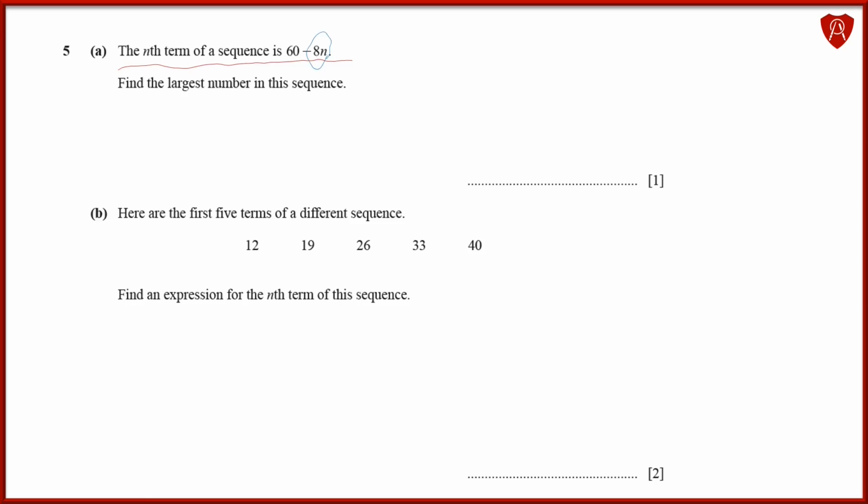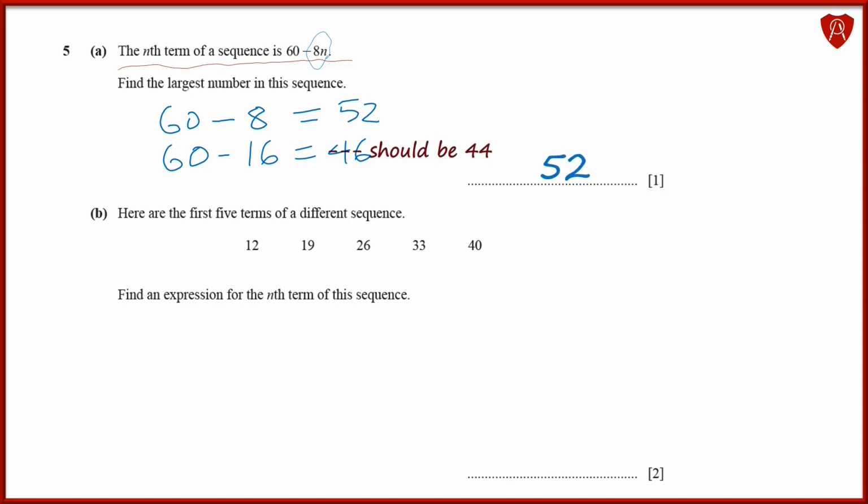First term will be 60 minus 8 times 1, which is just 8, and that will be 52. Second term would be 60 minus 8 times 2, or 16, which gives us 46. And since the terms are getting smaller, our first term is the largest.